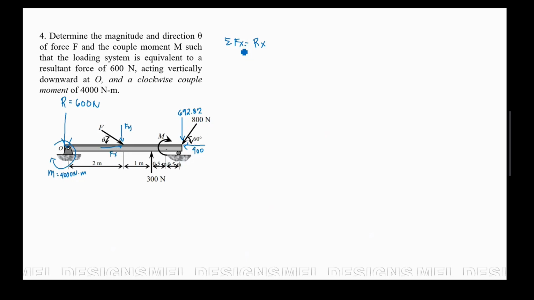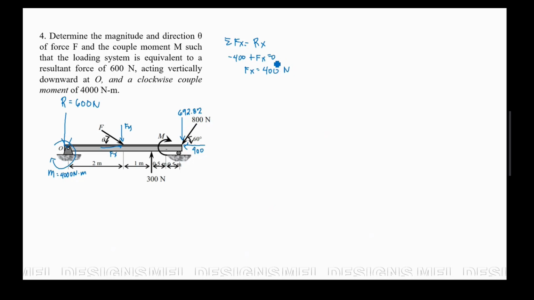Okay? So for the summation of forces along the x-axis, we have negative 400, directed to the left. So negative 400 plus Fx is equal to 0. Therefore, Fx is equal now to 400 Newton. Okay.